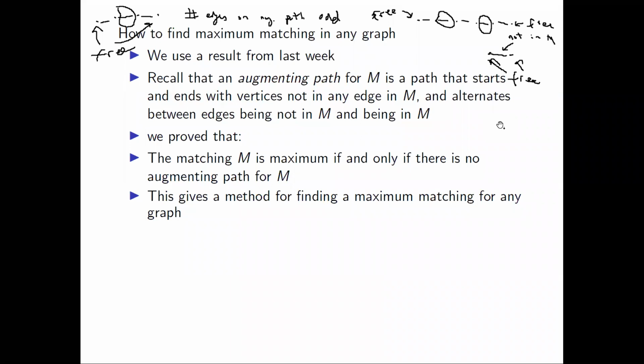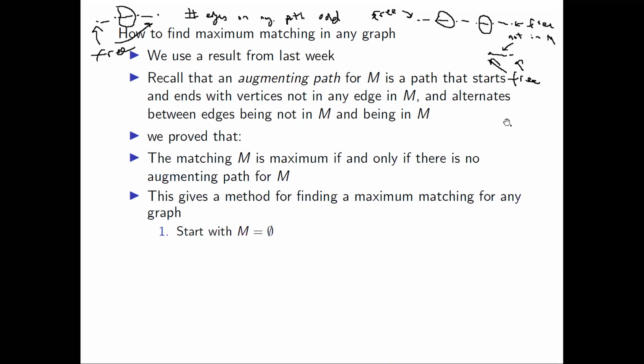We're first going to write the algorithm and not describe how we're going to do one of the components of the algorithm. And then on the next slide, we'll discuss how we do that component for bipartite graphs.